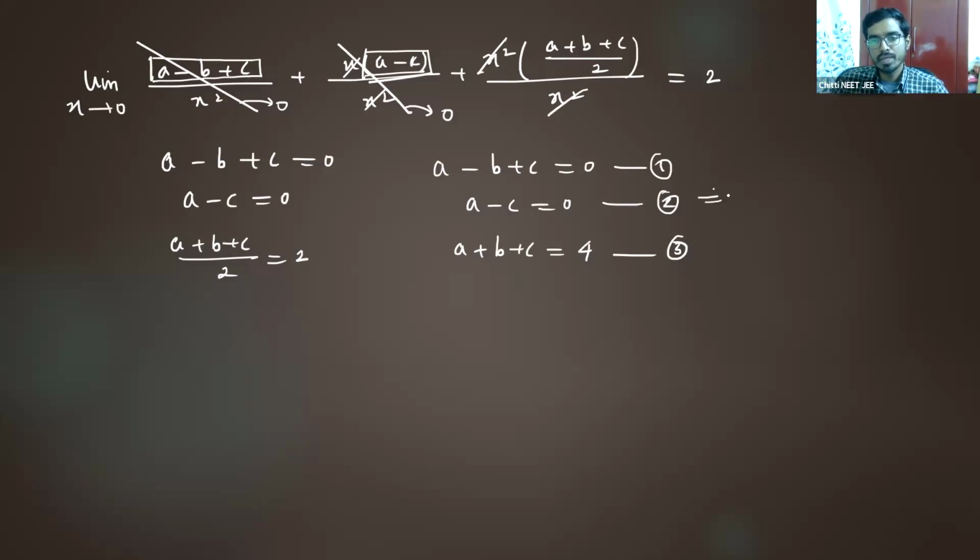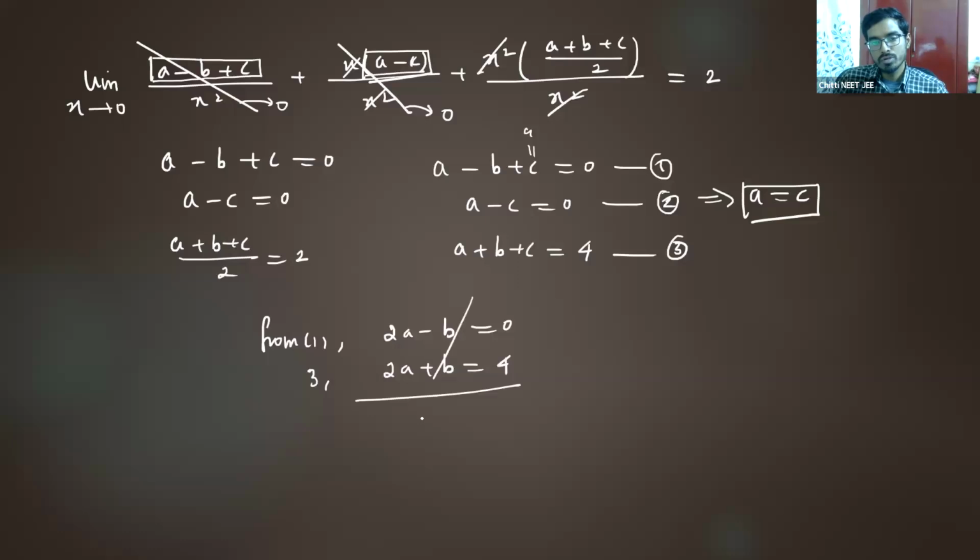Okay, so from this we have a is equal to c. So from 1, since a is equal to c, we have 2a minus b is equal to 0. And from 3, since a is equal to c, we have 2a plus b is equal to 4. So we have 4a is equal to 4, a is equal to 1.